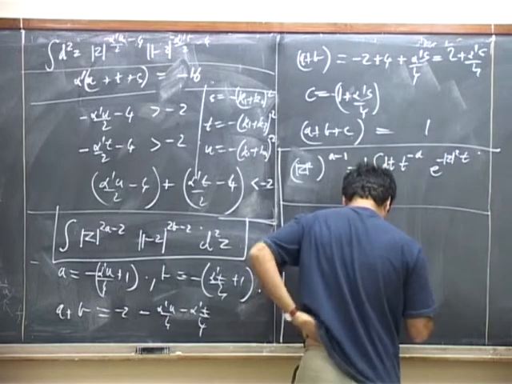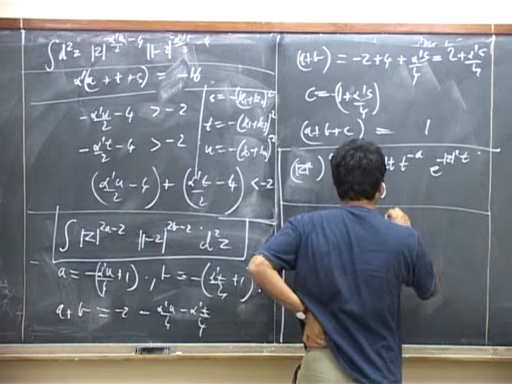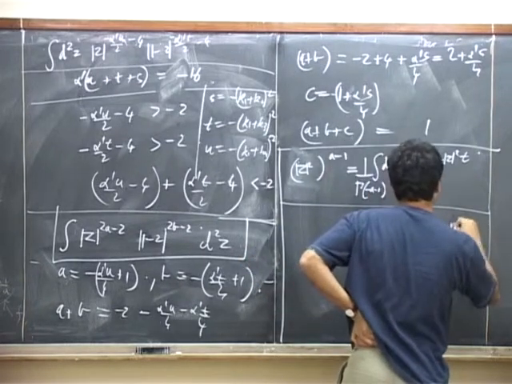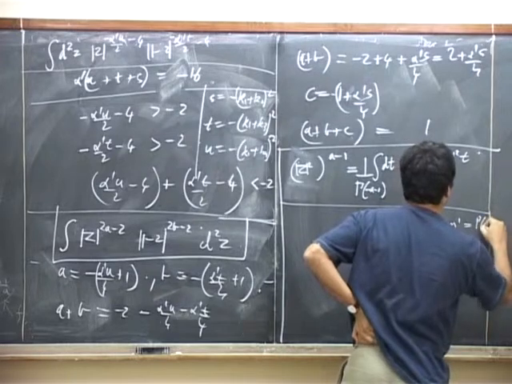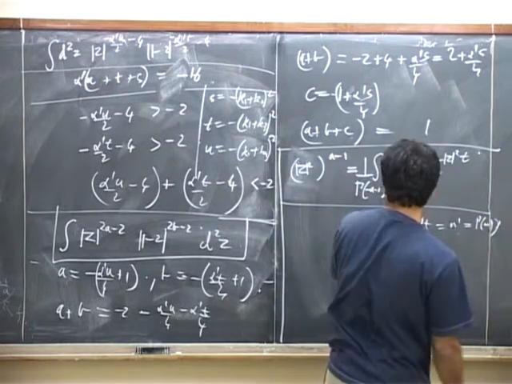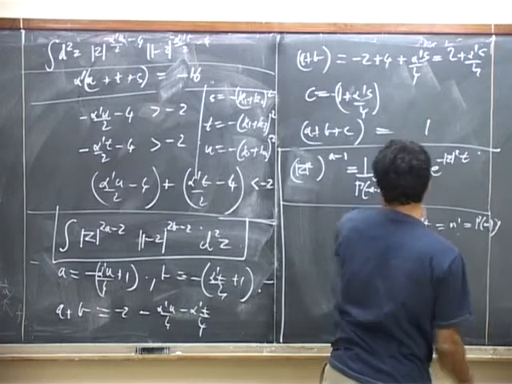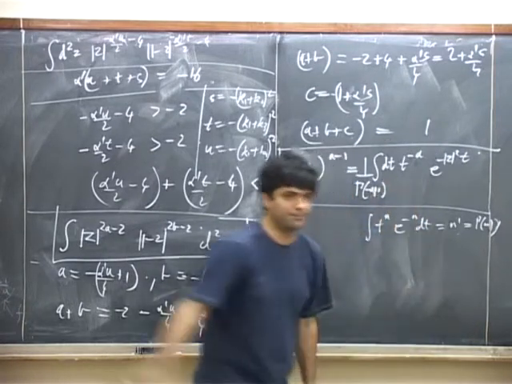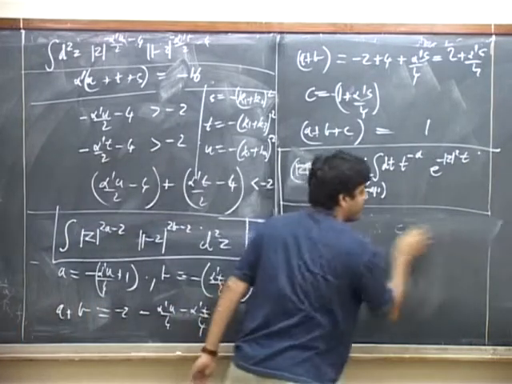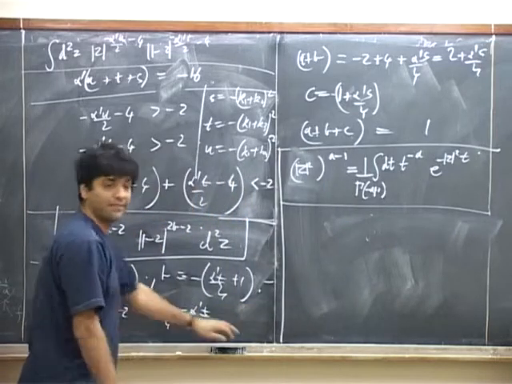So we know that the integral of t to the n e to the power minus t dt is equal to n factorial, which is the same thing as gamma of n plus 1. So I should write 1 more than the coefficient that appears here. So I should have plus 1. Okay. I think this is fine. It's correct.